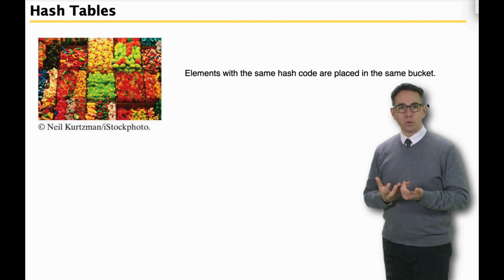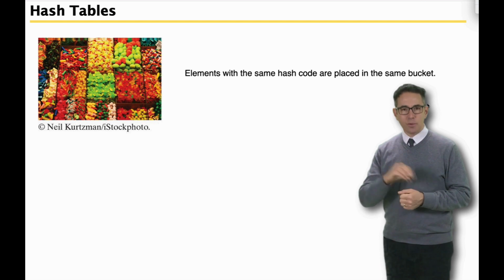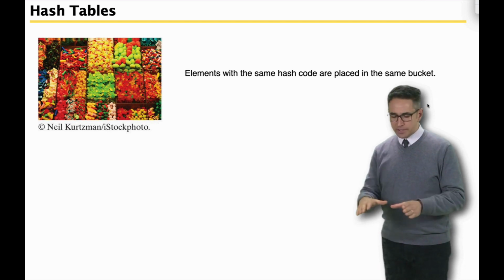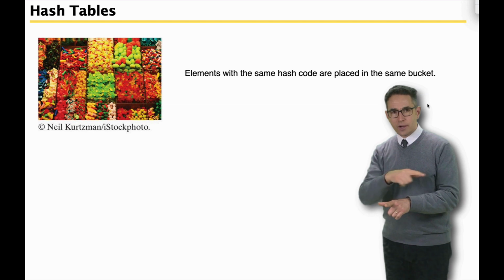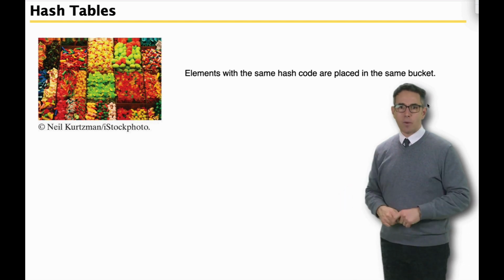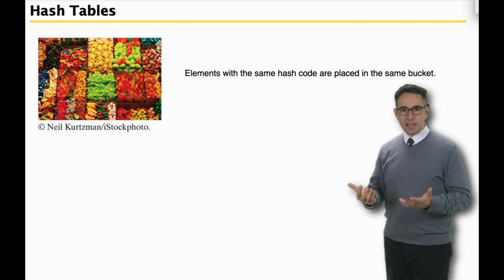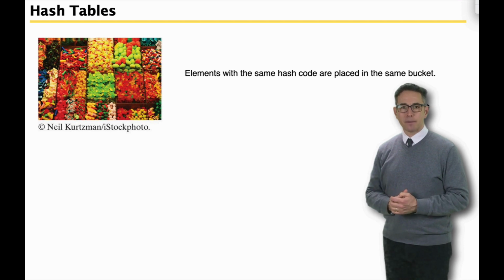And so if you want to ask the set, do you contain a walnut, you know exactly which bucket to look in. If there's walnuts in there, you have some. If that bucket is empty, you know that you have no walnuts because that's where walnuts are stored. Walnuts aren't stored anywhere else. It works the same way with the bucket. Elements with the same hash code are placed in the same bucket.